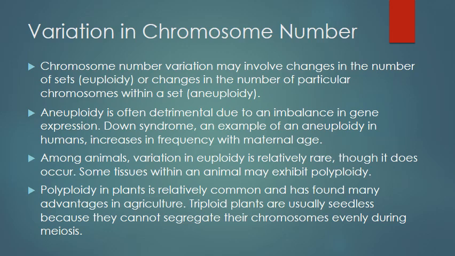Among animals, variation in euploidy is relatively rare, though it does occur. Some tissues within an animal may exhibit polyploidy. Polyploidy in plants is relatively common and has found many advantages in agriculture. Triploid plants are usually seedless because they cannot segregate their chromosomes evenly during meiosis.